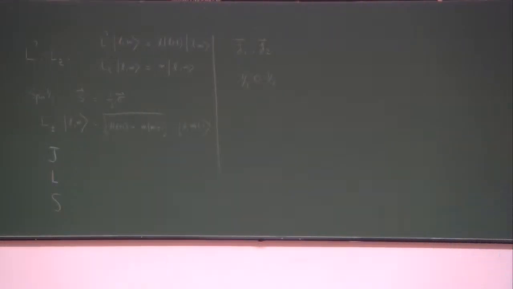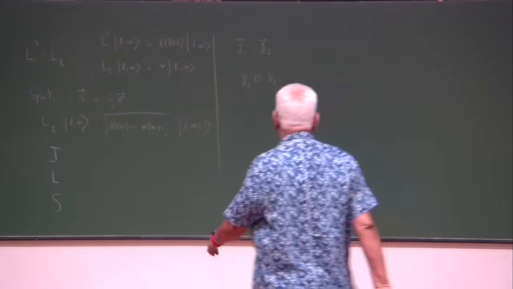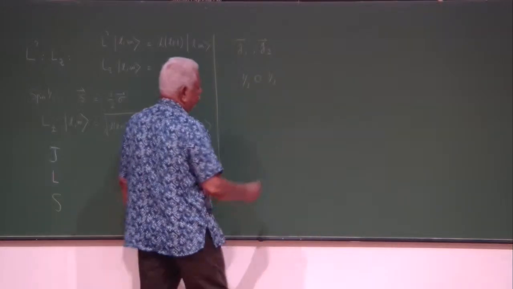I have a spin 1 particle with 3 degrees of freedom and a spin half particle with 2 degrees of freedom. So what is this composite system going to be? 6. 2 plus 3 is only 5, 2 into 3 is 6. So for 2 and 2, it is 2 into 2, that is the 4 degrees of freedom. So what are the 4 states possible for you?